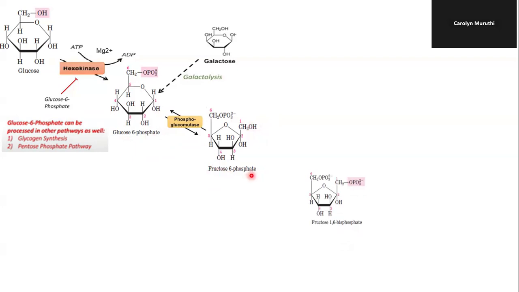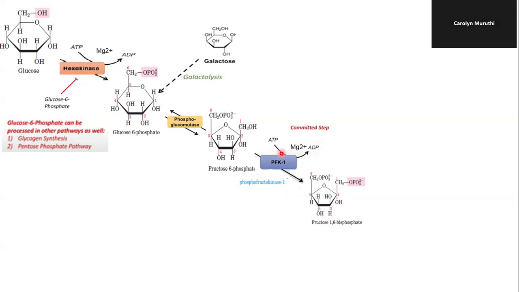Fructose 6-phosphate is then subjected to phosphorylation at carbon number 1, and so we have fructose 1,6-bisphosphate, a reaction catalyzed by phosphofructokinase 1, and here ATP is the phosphate donor. This enzyme requires magnesium ion as a cofactor.